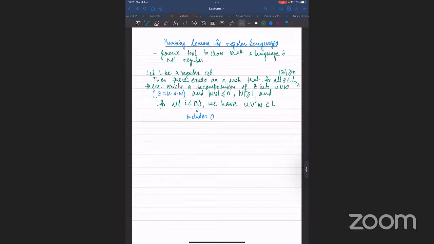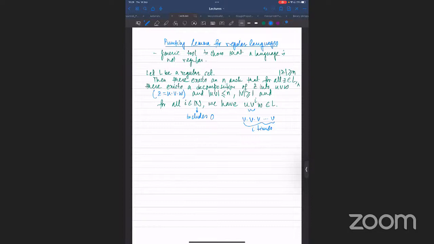The string V appears I times. So this is U V^I W, correct?